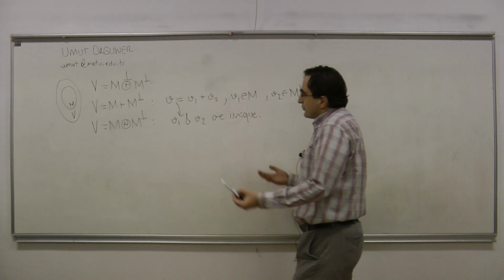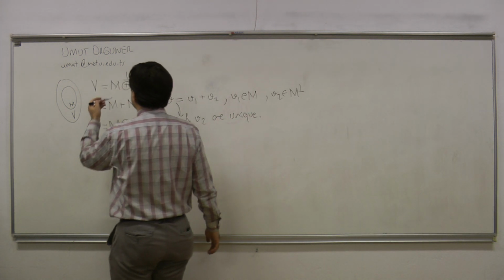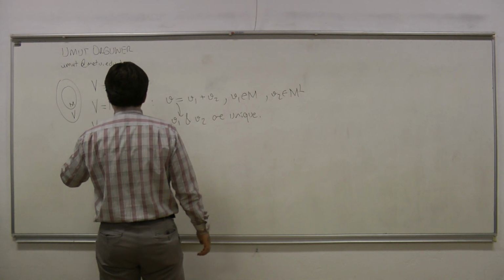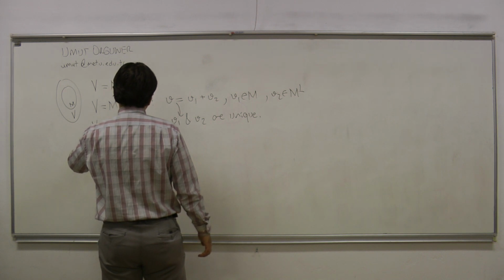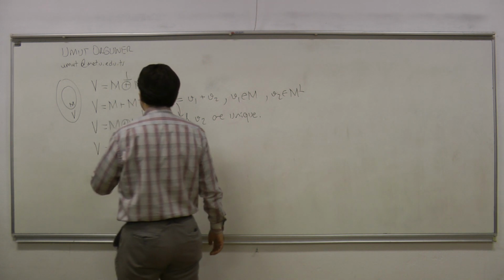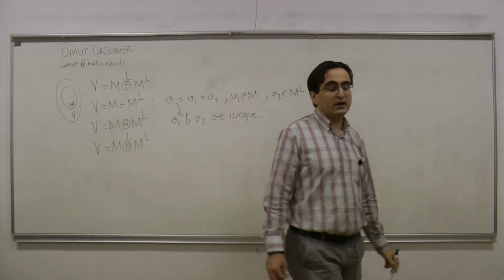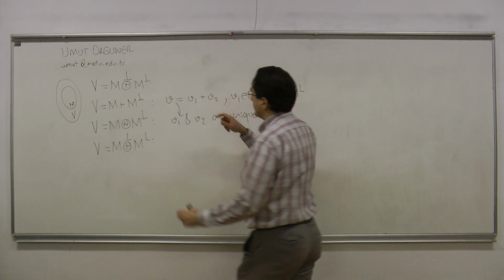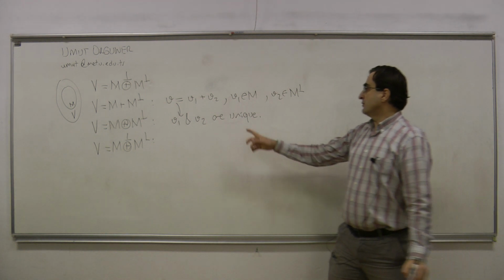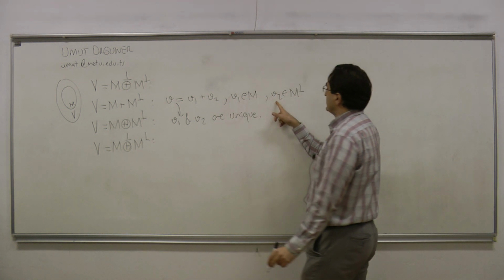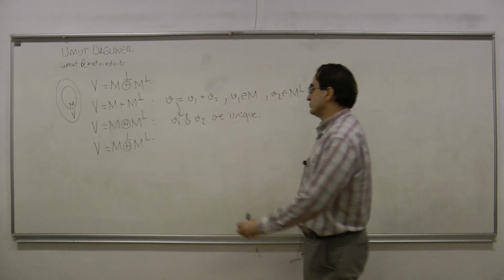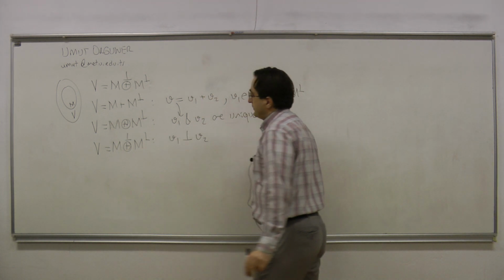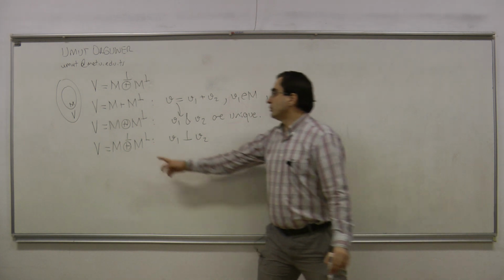The third thing is this orthogonal sign, the perp sign. When I write this with the additional orthogonal sign, it again means something very important about V1 and V2. Since V1 is in M and V2 is in M orthogonal complement, these two vectors should be orthogonal to each other, and that is coming from the orthogonal sign.